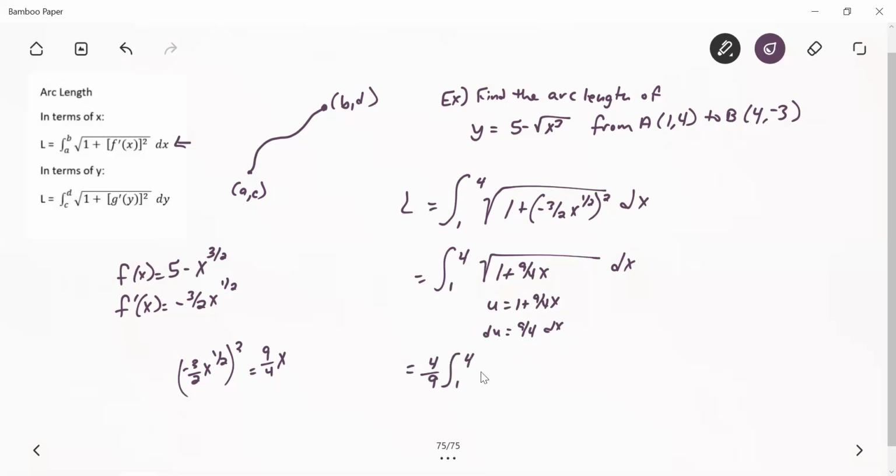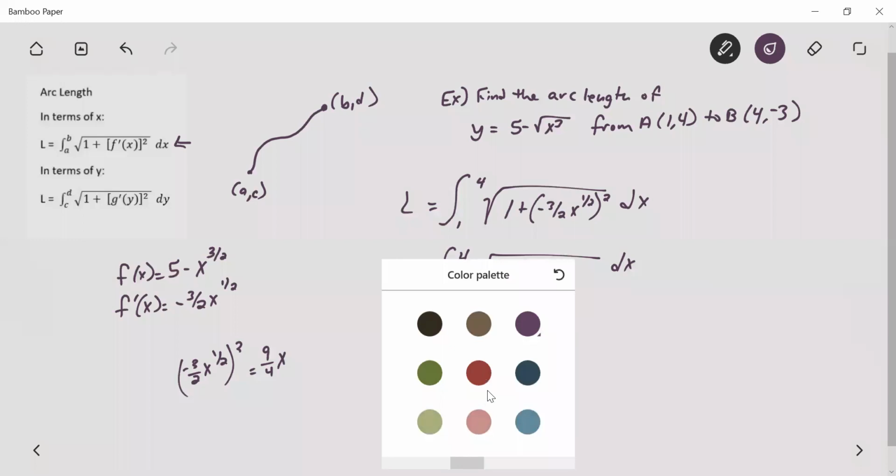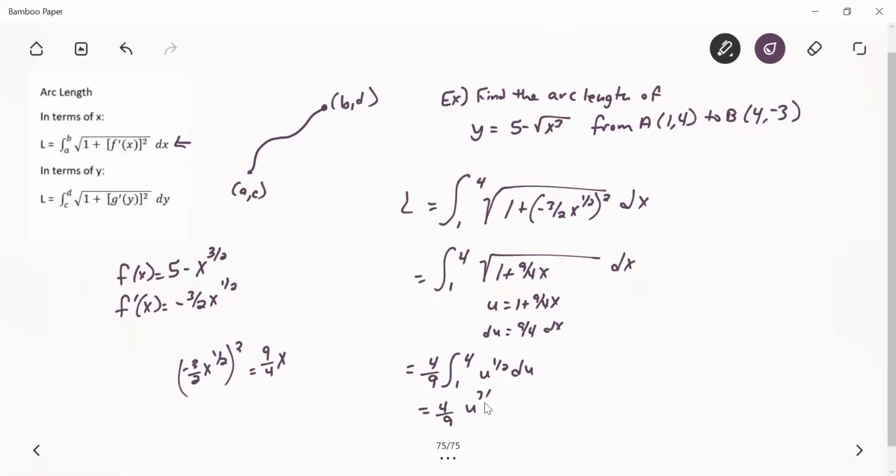And 1 up to 4 of u to the 1/2 du, which gives me 4/9 and u to the 3/2 over 3/2 from 1 up to 4. All right, let's clean this up.